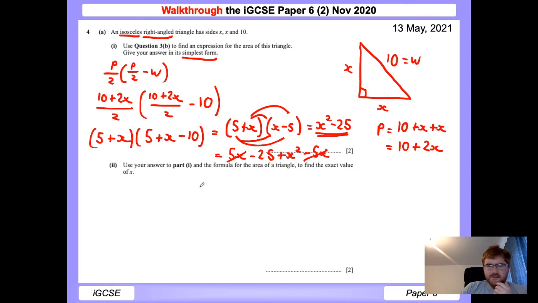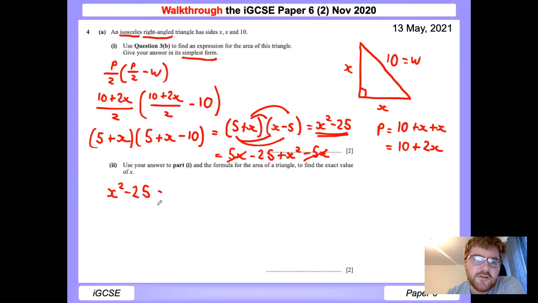And using that answer, so x squared minus 25, this convenient answer, and the formula for the area of a triangle, find the exact value of x. Okay, so we've got our x squared minus 25.